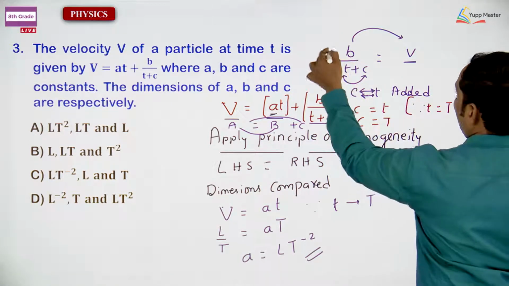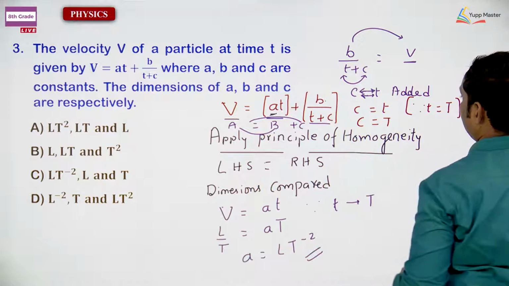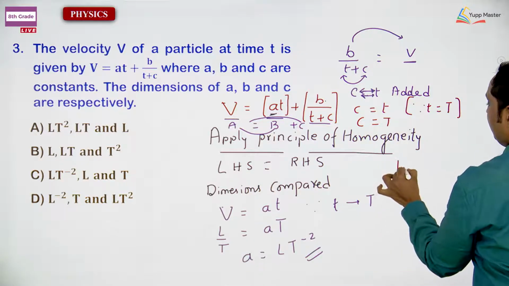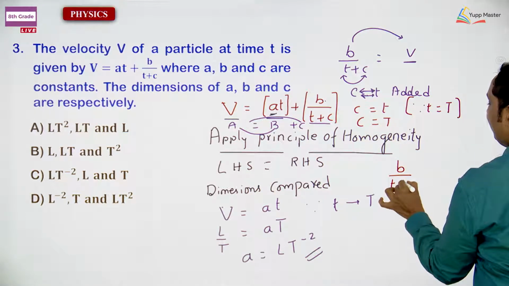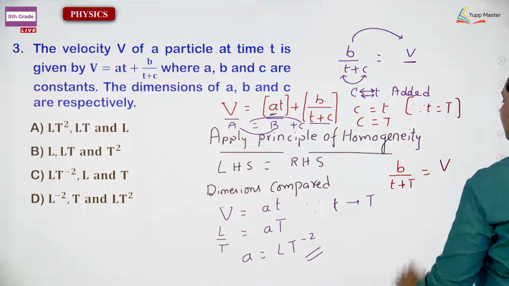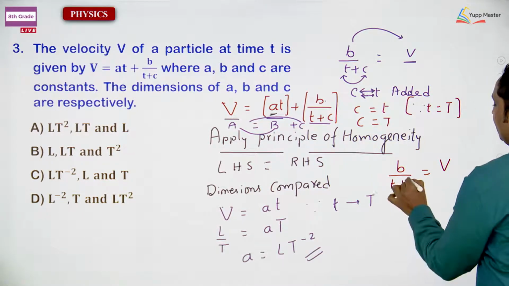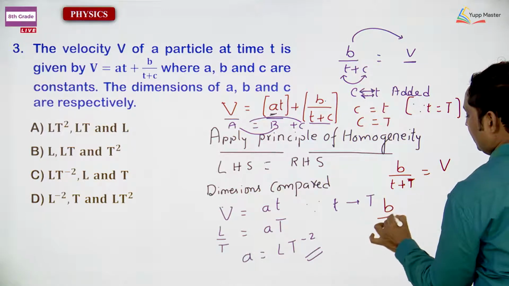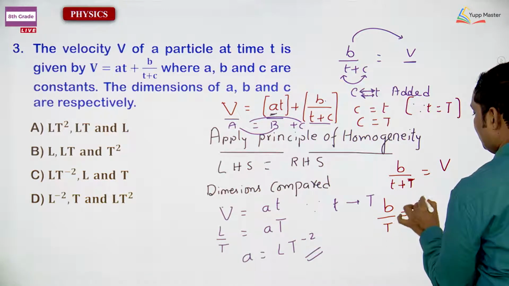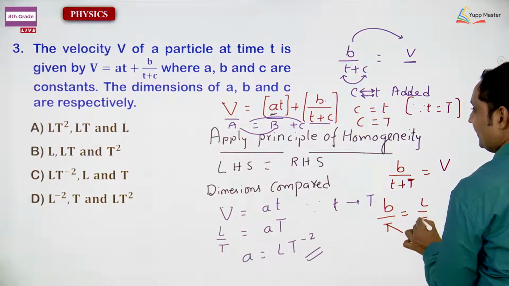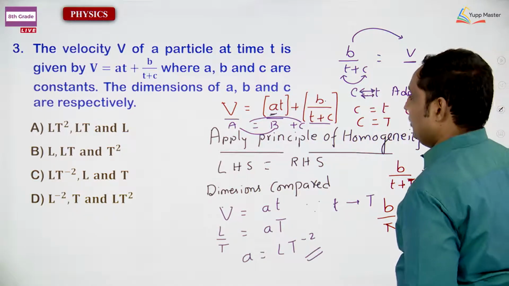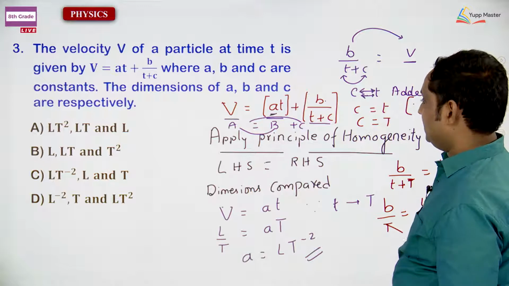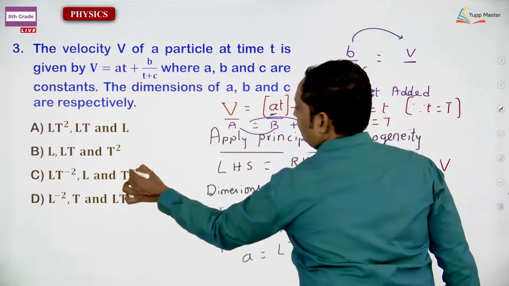Here what we have obtained is B by T plus T is equal to V. These are going to have the same dimensions, therefore B by T is equal to L by T. Just take that B is equal to L. So if you are comparing, the third option is the correct one.